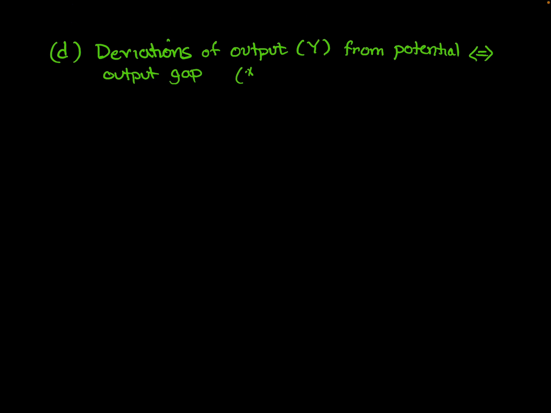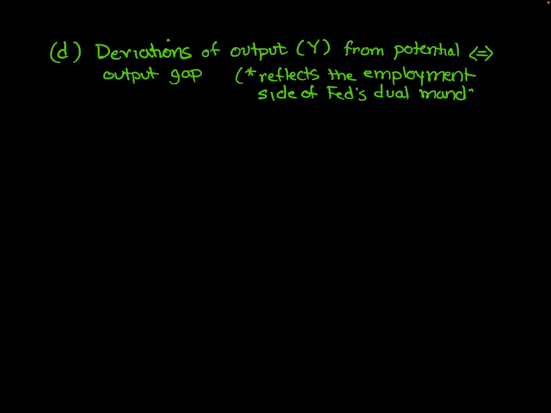So what is this a reflection of? This is a reflection of the employment side of the Fed's dual mandate. So again, we can see if the output gap becomes more positive, then the economy is increasingly overheating and employment is rising above the maximum sustainable level.